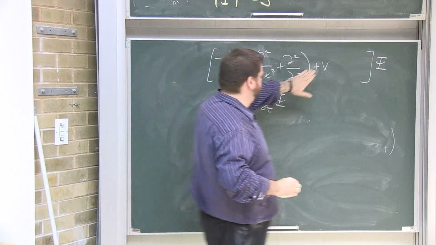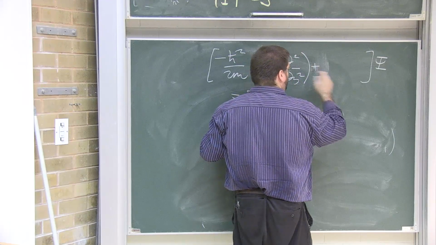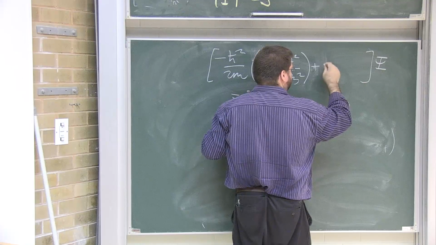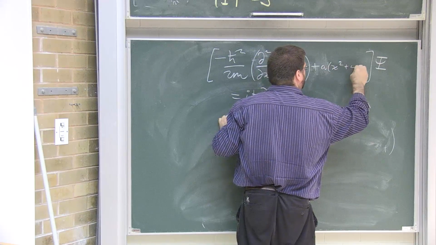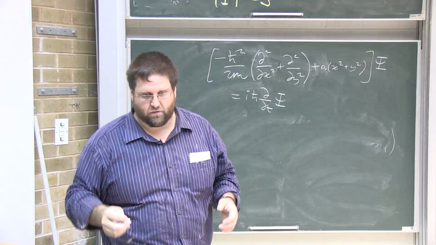Now this potential I mentioned earlier was a parabolic confining potential, so it will be some number, I don't know, a times x squared plus y squared. So this is our time-dependent Schrodinger equation.